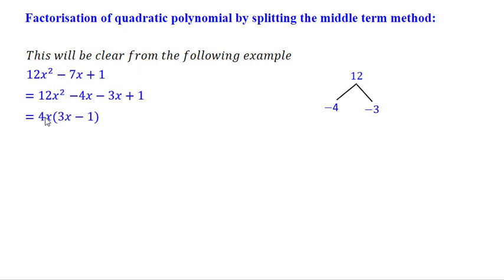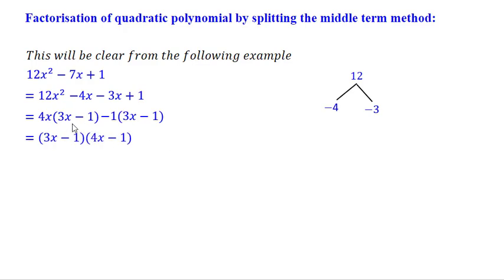Now from 12x square minus 4x, we can take 4x common. So after taking 4x common, I have 3x minus 1. Now from the second part, I will take something common which gives me 3x minus 1 in the second part also. So let us take minus 1 common. So I have now 3x minus 1 as a common factor in both the parts.